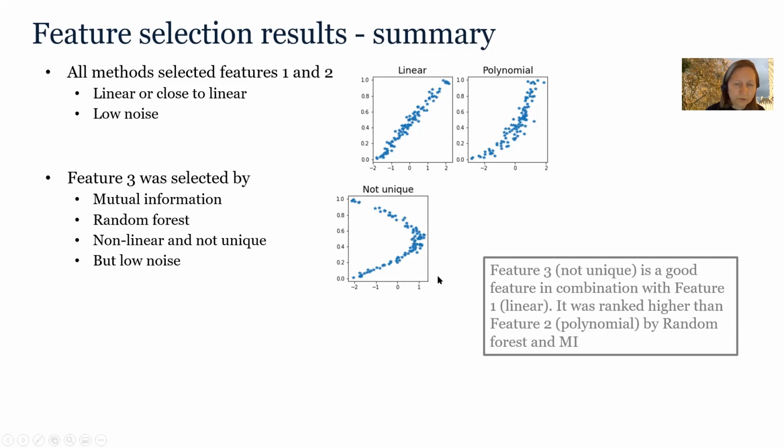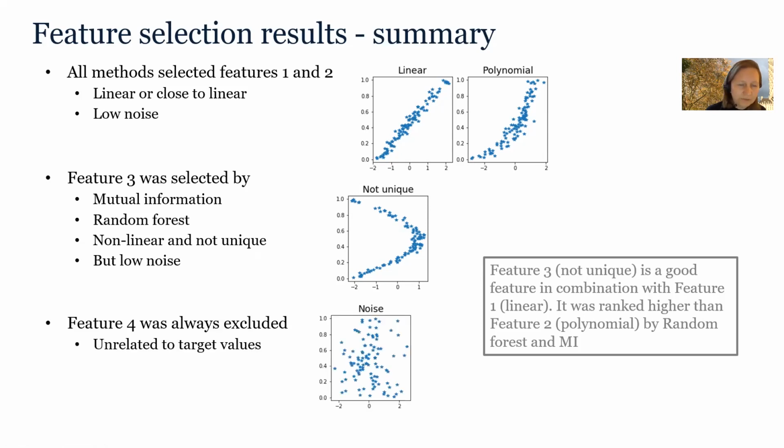But this feature was not suitable for linear models. And finally, feature 4 was always excluded. This feature was made entirely out of noise, so it was completely unrelated to target values, and this is what we expected.